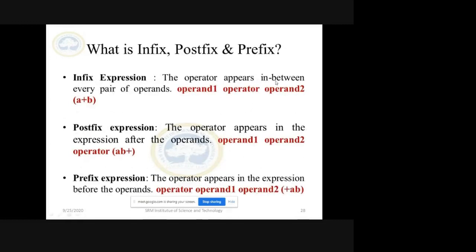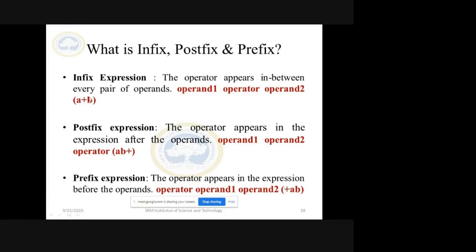The operator appears in between, that is, your operator will be between A and B. A and B I will call operands, and plus is an operator. An operator is placed between two operands only. So that is infix, where the operator comes in between two operands.